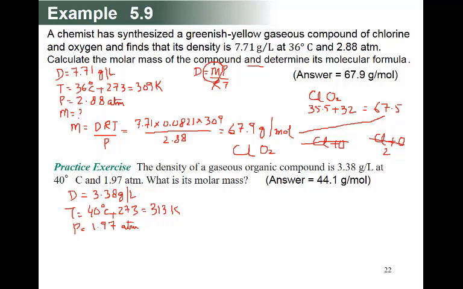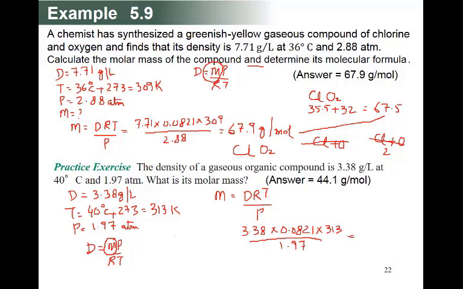And again it is asking for the molar mass. So your actual formula will be density is equal to MP over RT, but your question is M. So M, the molar mass, will be equal to density times RT upon P. Density is 3.38, R is 0.0821 multiplied by temperature 313, and pressure is 1.97.